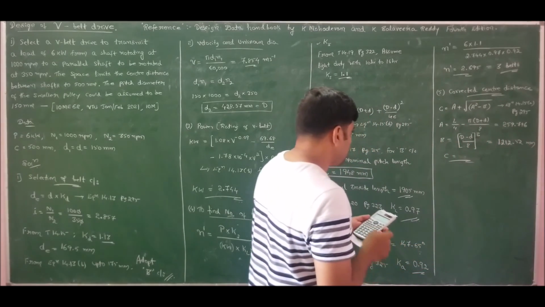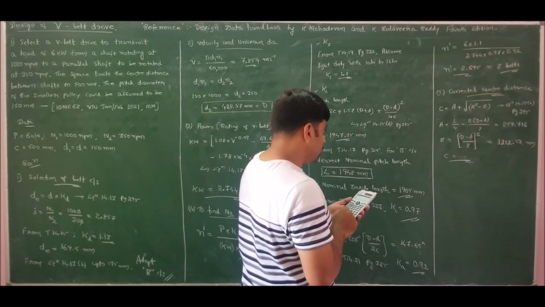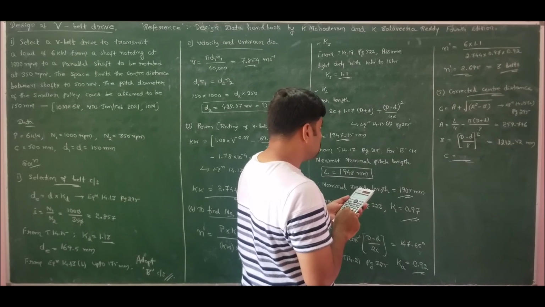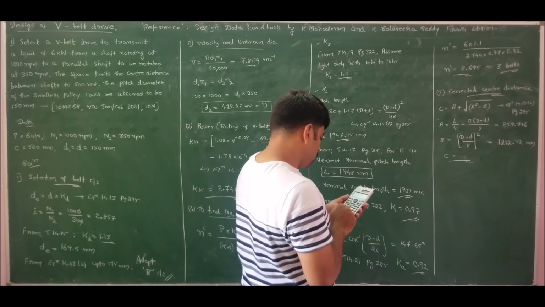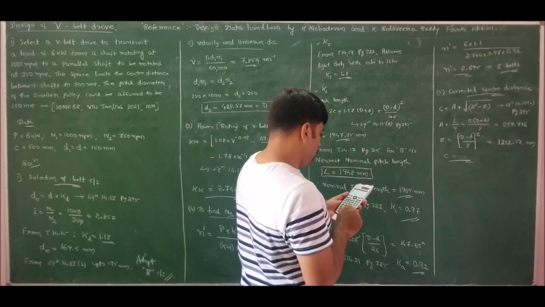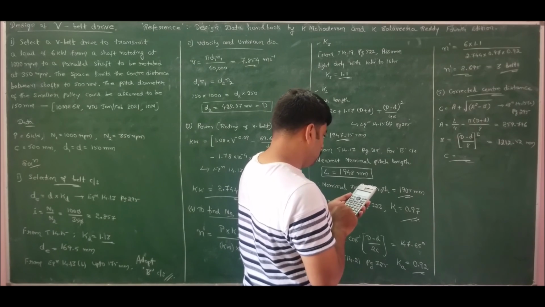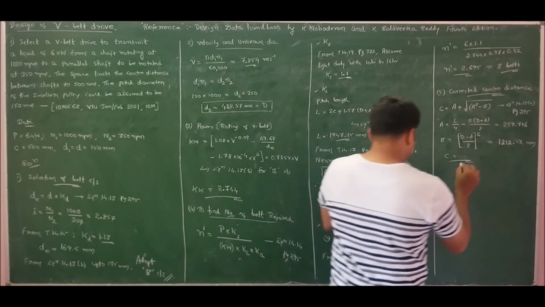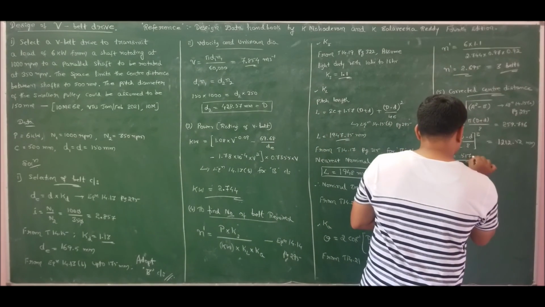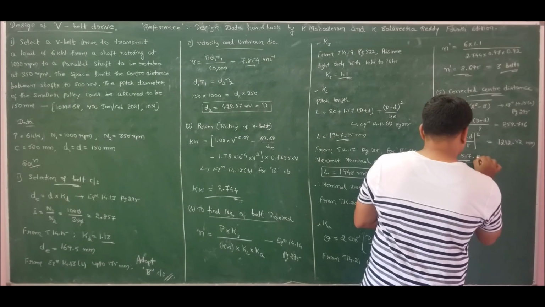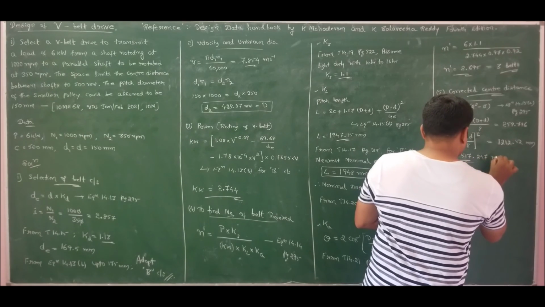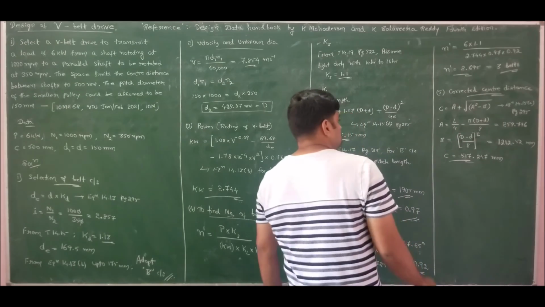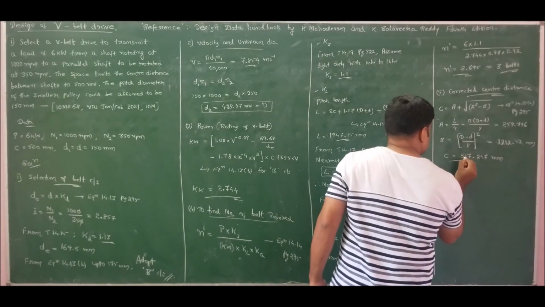So therefore the corrected center distance is 259.796 plus root of 259.796 square minus 1212.52. So the corrected center distance is 517.247 millimeters. So this is the corrected center distance.